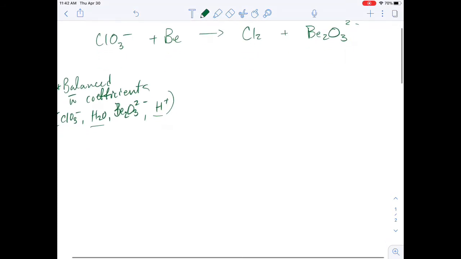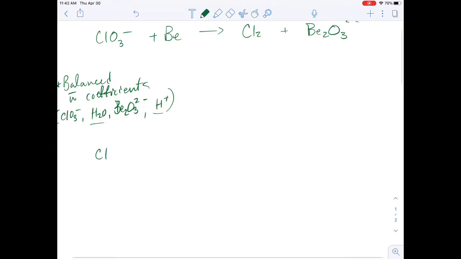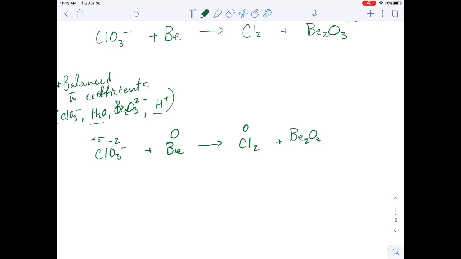oxidation numbers. So if I've got chlorate ion, the oxygens have a -2, and chlorine is +5. Beryllium, the element, has an oxidation state of 0, chlorine has an oxidation state of 0, and this ion down here has a -2 for my 3 oxygens.